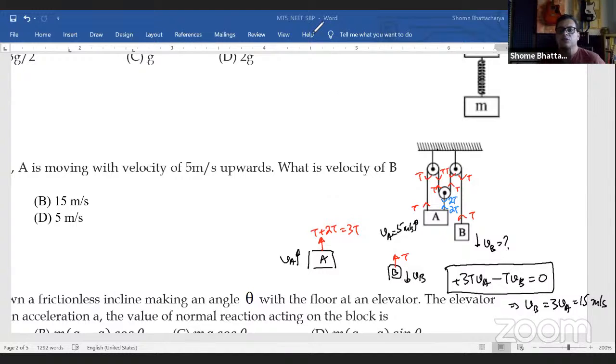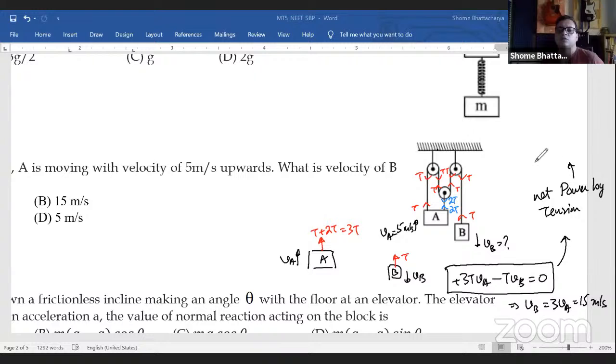Is the question clear, Sarvesh? Yeah, this is net power by tension.